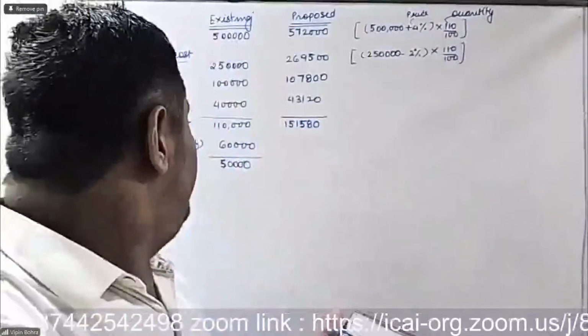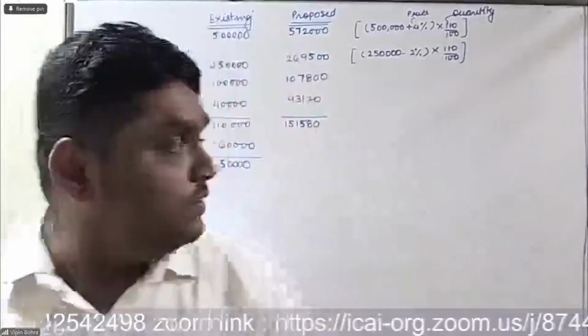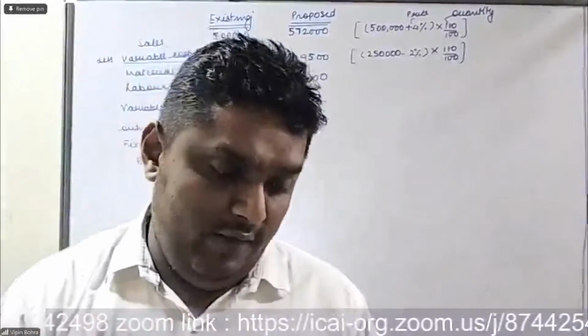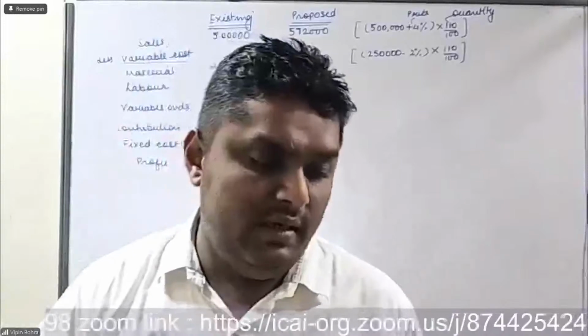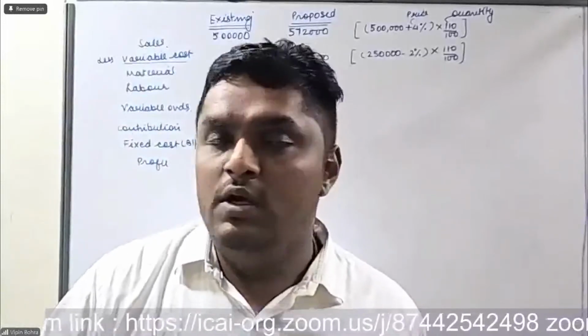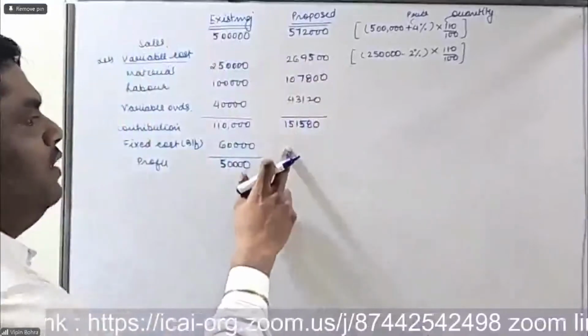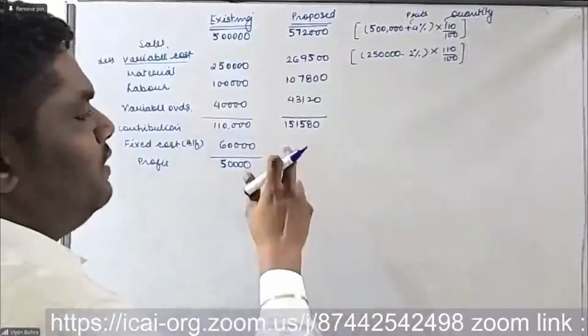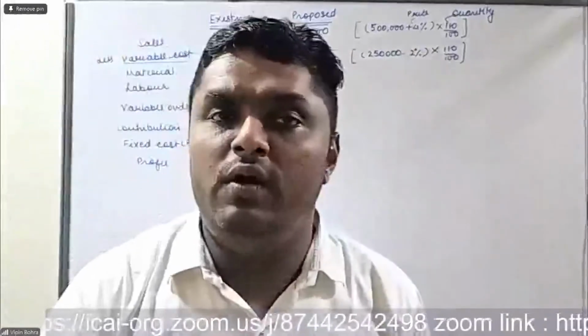Now further, see, my fixed cost is 60,000. If we reduce 60,000 by 2%, because the fixed cost remains same irrespective of production, herein no impact will be given of the quantity change. Only the cost reduction scheme will be implemented on fixed cost.